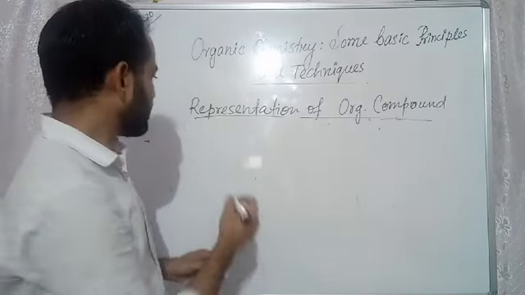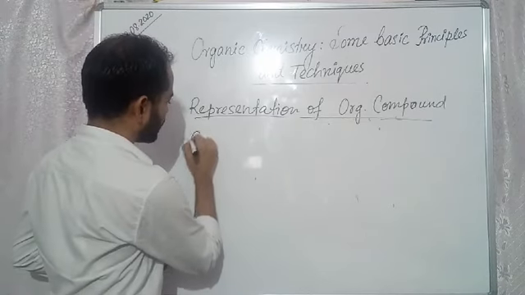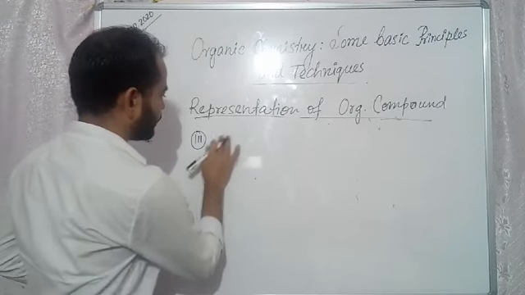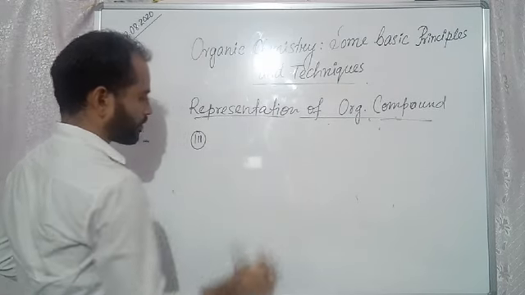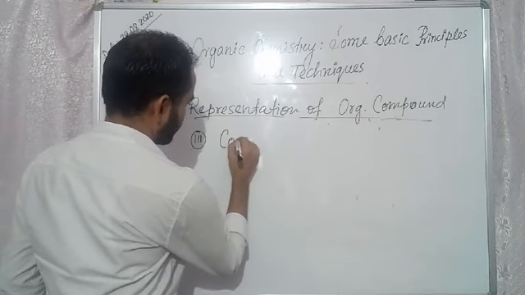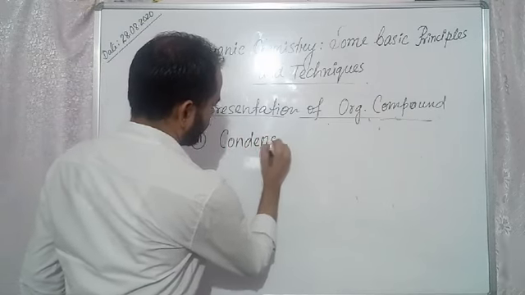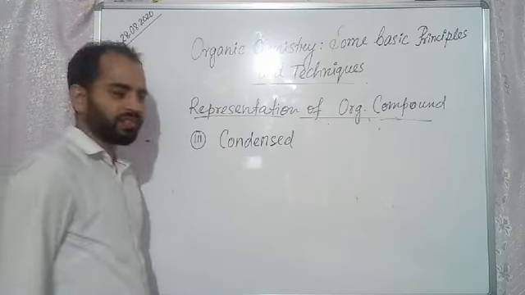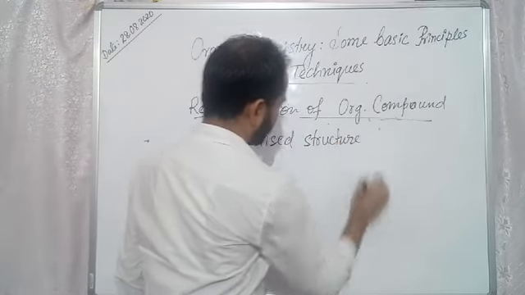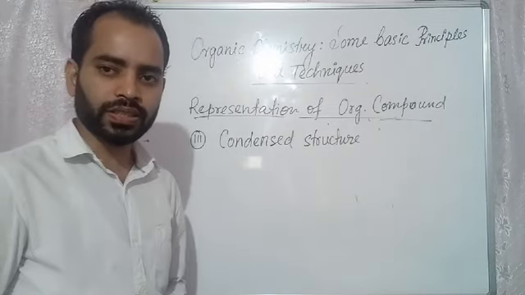The third type of representation is called condensed structure.